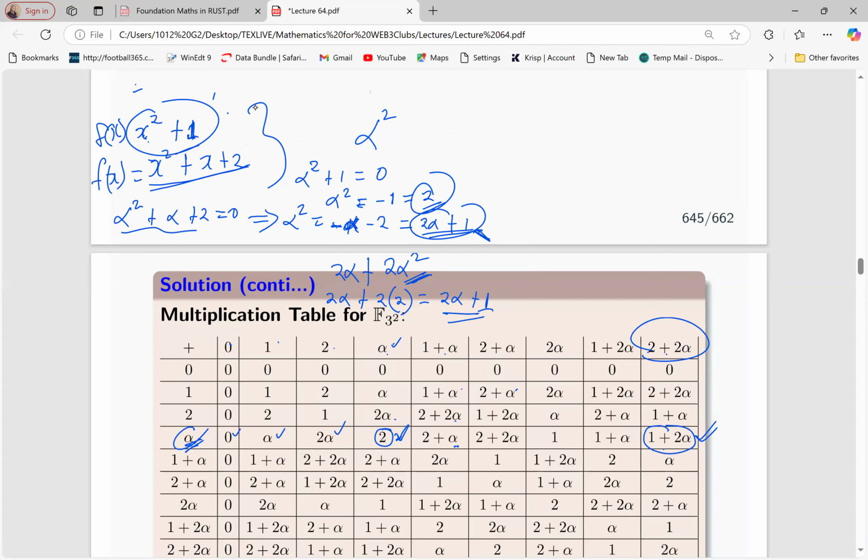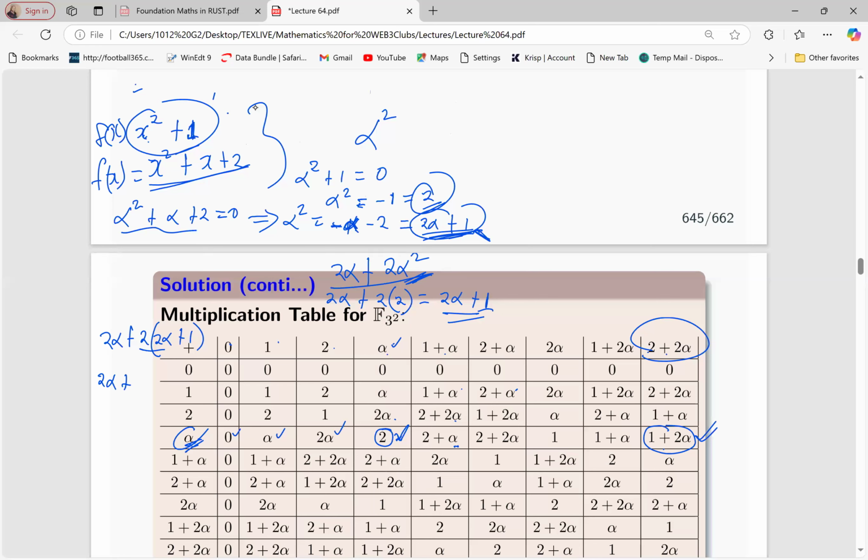What about if you're using the second polynomial? Using the second polynomial, this will be 2 alpha plus 2 alpha square, but this is 2 alpha plus 1. So when you multiply, you get 2 alpha.